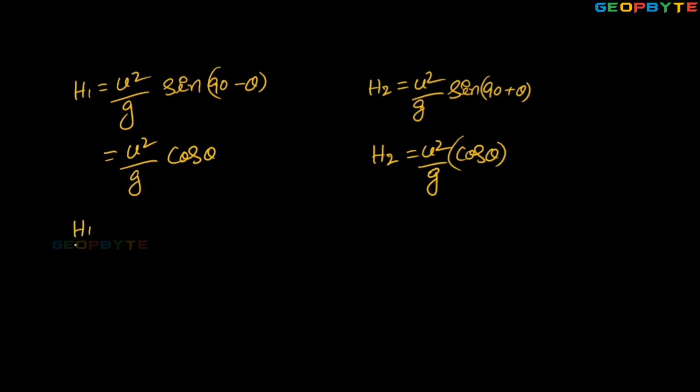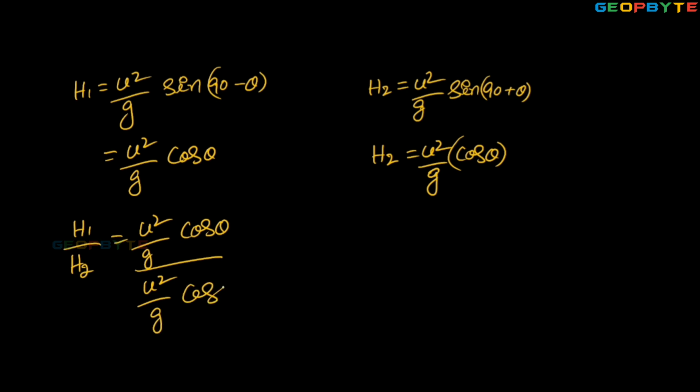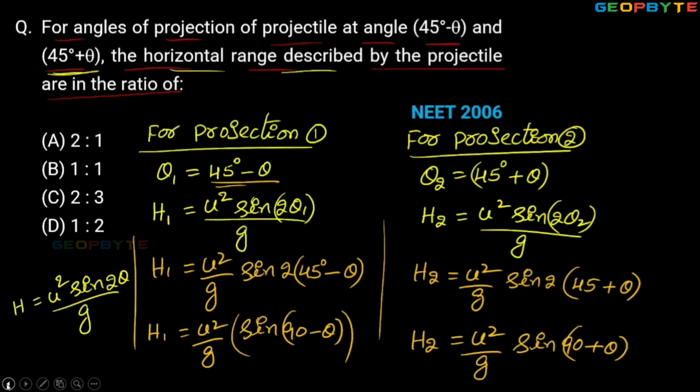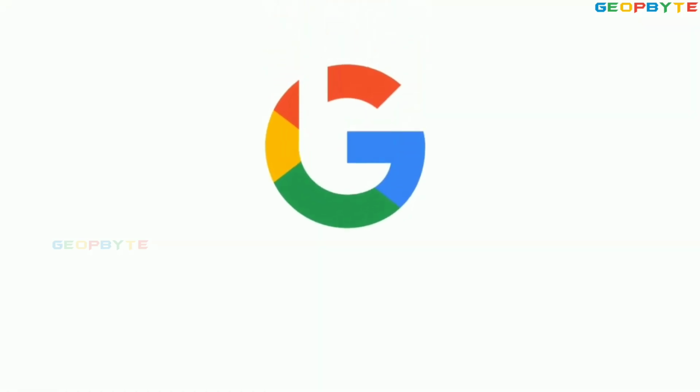Then what is H1 divided by H2? It is u square by g cos theta divided by u square by g cos theta. Since both are the same quantities, it is 1. Therefore, H1 is to H2 is 1 is to 1. That is the answer. Look at the options. Option B is absolutely correct. Understood clearly? It is a very, very important problem. I can say a 5-star problem, which means this kind of problem can be repeated.